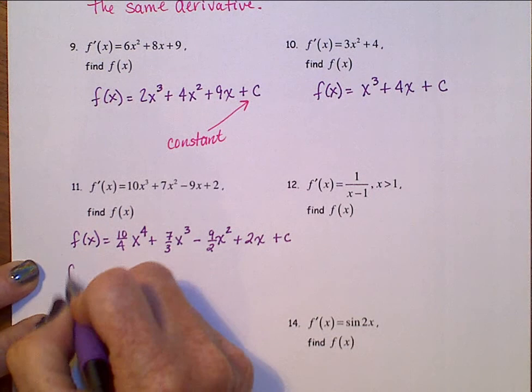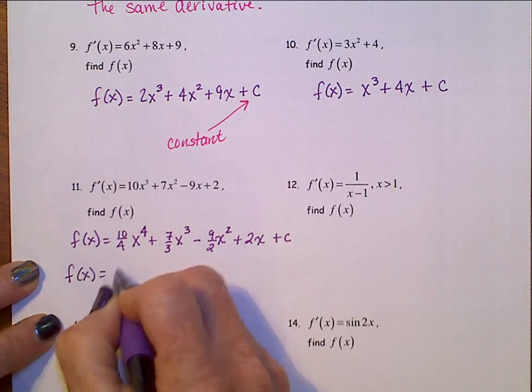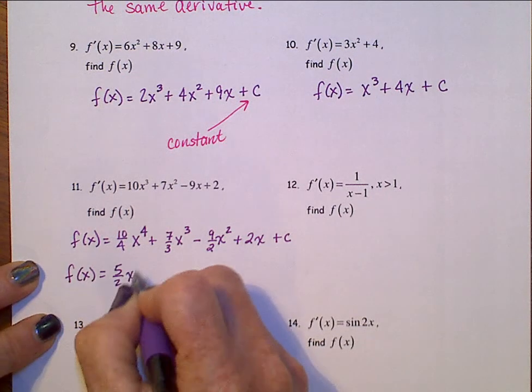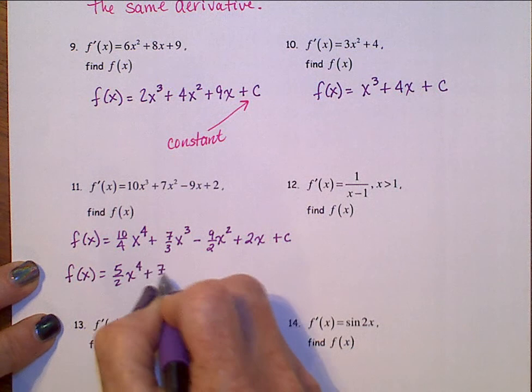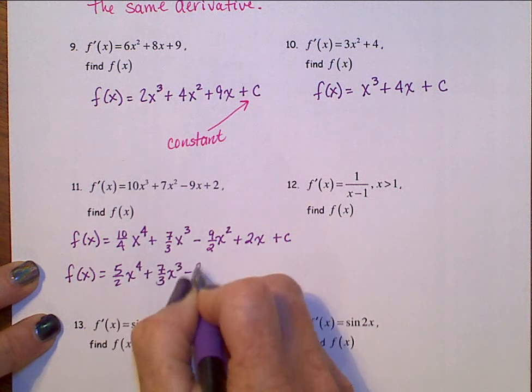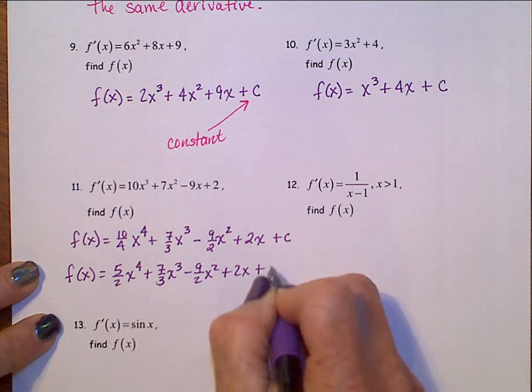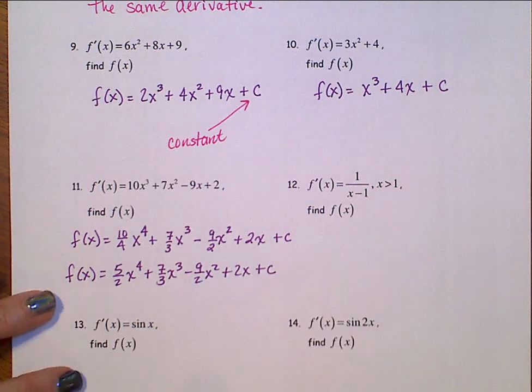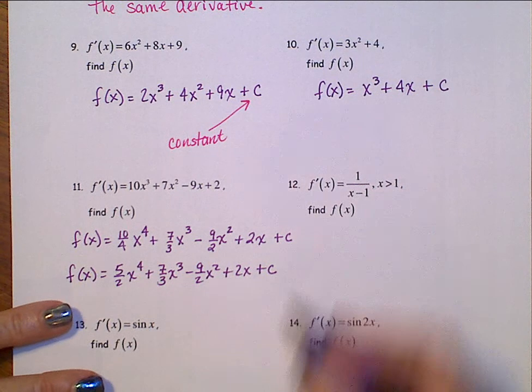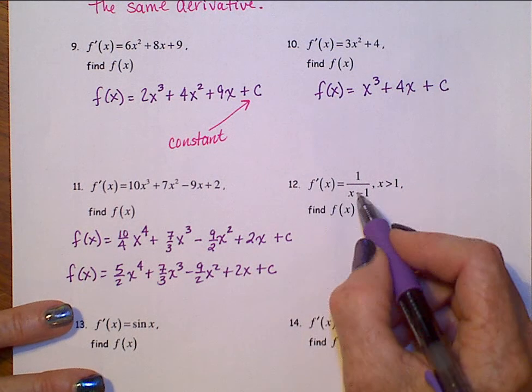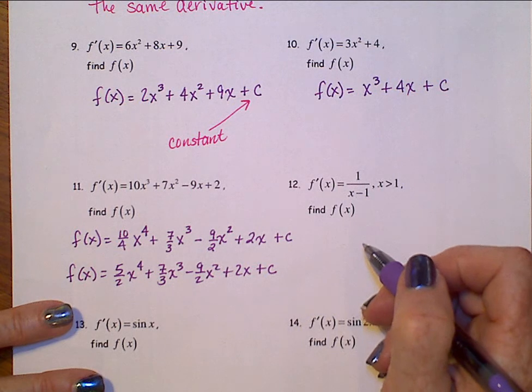And we can go ahead and simplify here. F of x is 5 halves x to the 4th plus 7/3 x cubed minus 9 halves x squared plus a 2x plus a c. All right, now what if f prime is 1 over x minus 1?